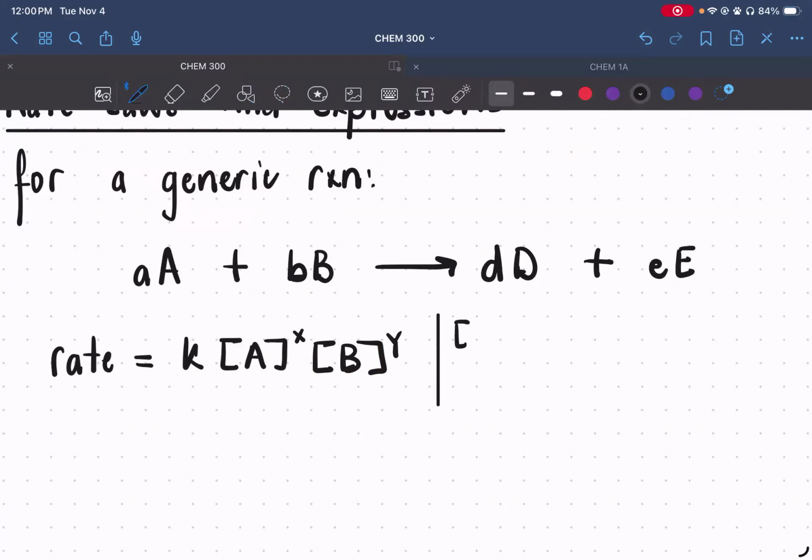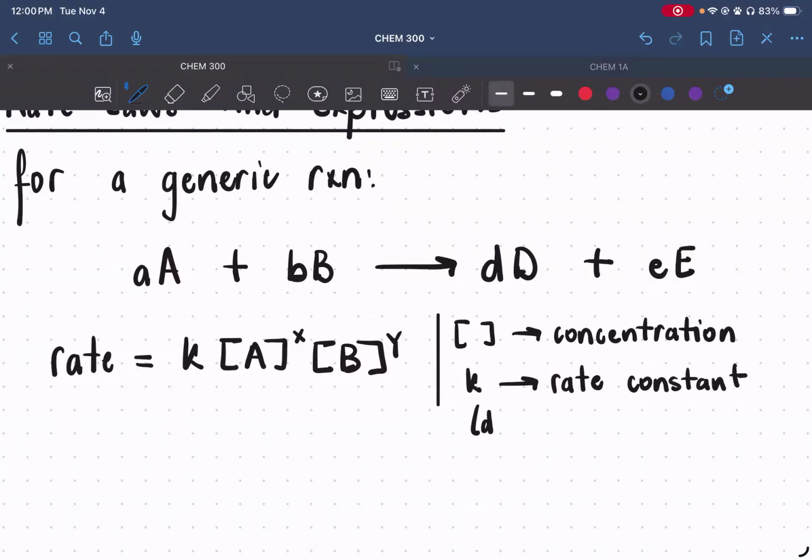We, of course, should know that those square brackets refer to concentration, aka molarity. And this new term K is a rate constant that depends on the reaction.